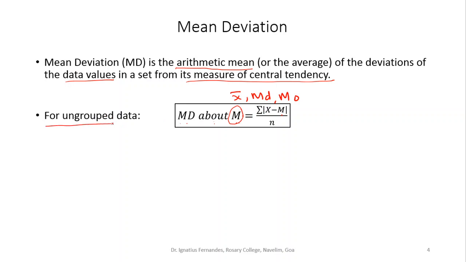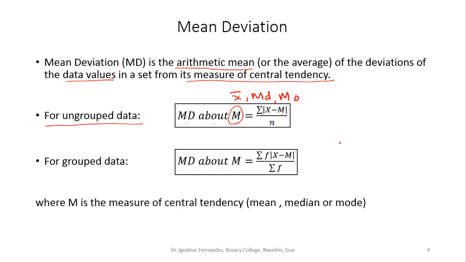Now this is how we write it when the data is ungrouped. In case we have grouped data, then the frequency comes into the picture, so we multiply by frequency. The formula is: mean deviation about M is summation f into |x minus M| upon summation f, depending on whether M is mean, median or mode.